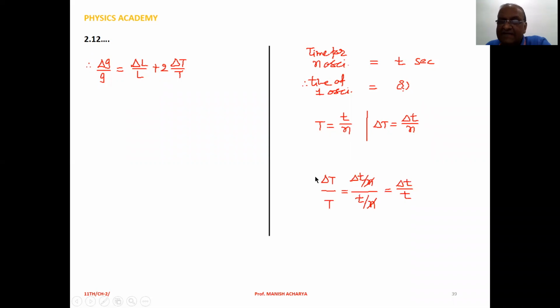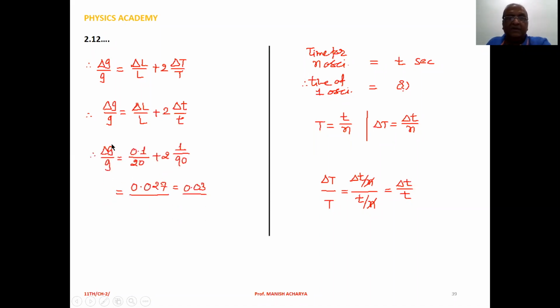It implies that the relative error in the periodic time capital T is equal to the relative error in the total measured time t. Now, substitute this value in the equation. So delta g by g equal to delta L by L plus 2 times delta small t upon small t.